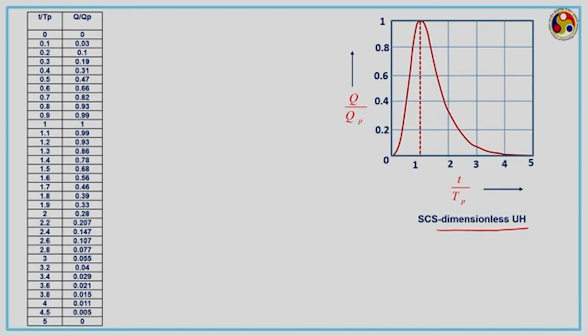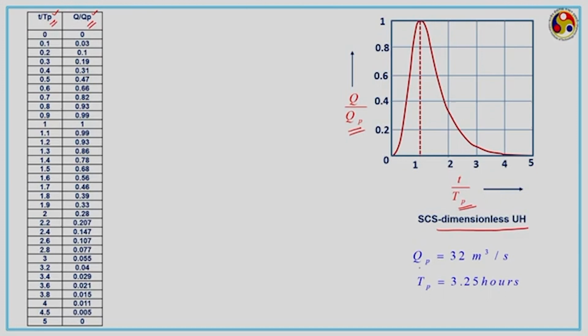Along the y axis we have dimensionless discharge Q by QP, and along the x axis we have the dimensionless time T divided by TP, and corresponding to T by TP and Q by QP we have the values listed over here in the table. We already have the values corresponding to TP and QP. Once we multiply T by TP with time of rising, we will get the corresponding time, and the corresponding value of discharge Q we will get by multiplying Q by QP with QP. So, that is what we are going to do here.